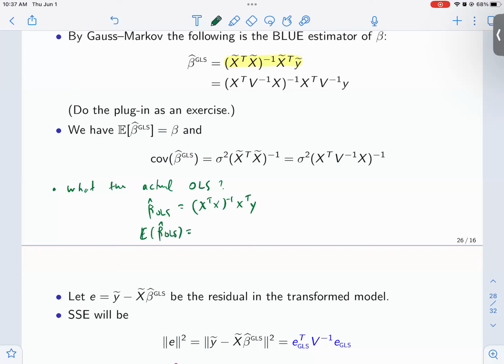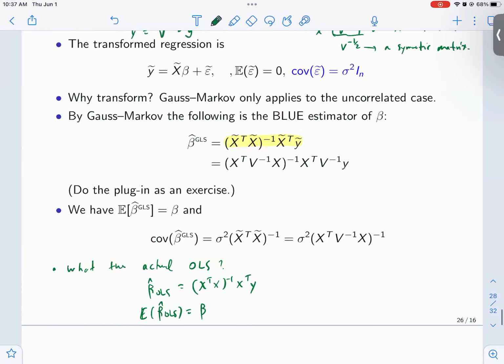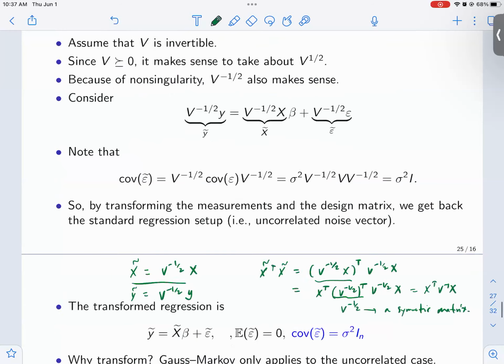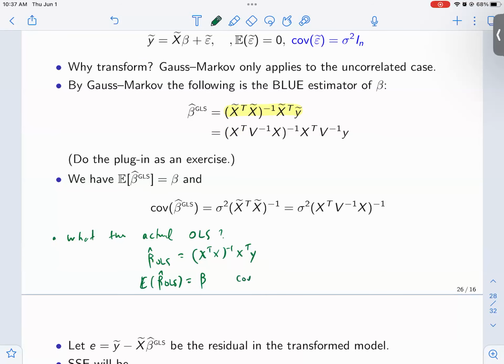You can go through the calculation, and because the model is correct, X beta is correct, it's going to be unbiased. The covariance you have to calculate, it's not going to be sigma squared X transpose X inverse, because the covariance of epsilon has changed.